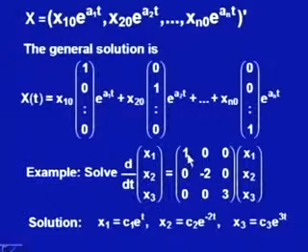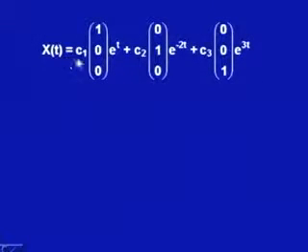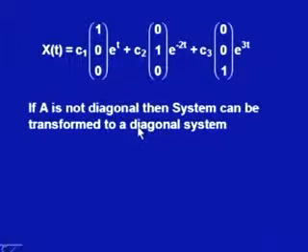This has diagonal entries 1, minus 2 and 3, and that makes x1 is c1 e^t, x2 is c2 e^(-2t) and x3 is c3 e^(3t), and that means x(t) is equal to c1 times the column vector (1, 0, 0) e^t plus c2 times the column vector (0, 1, 0) e^(-2t) plus c3 times (0, 0, 1) e^(3t). So, we have obtained the general solution.